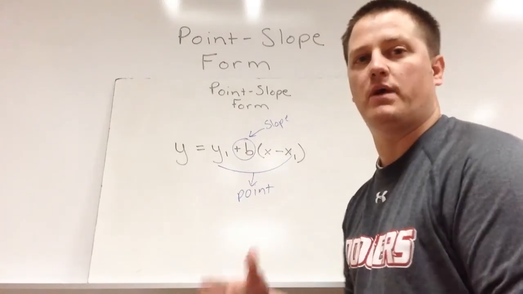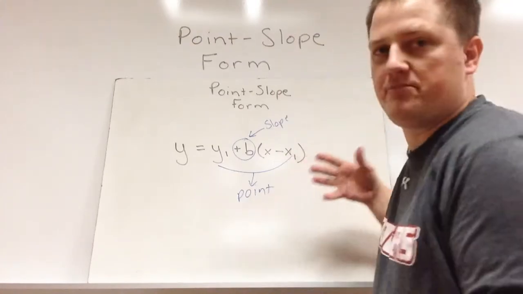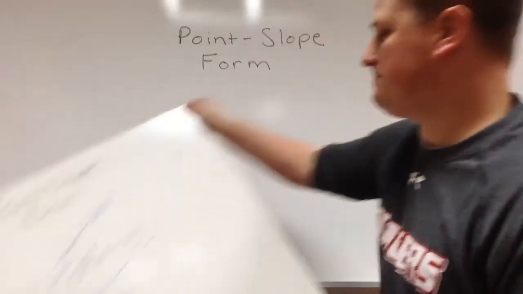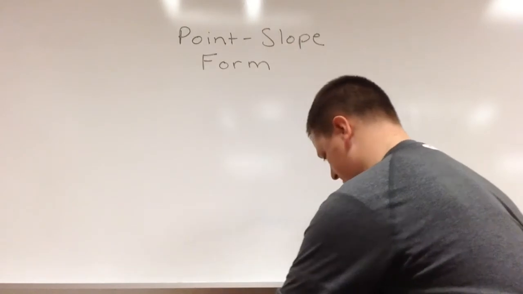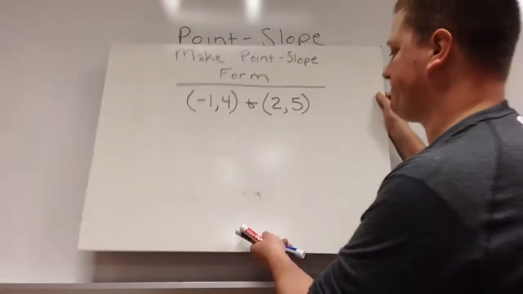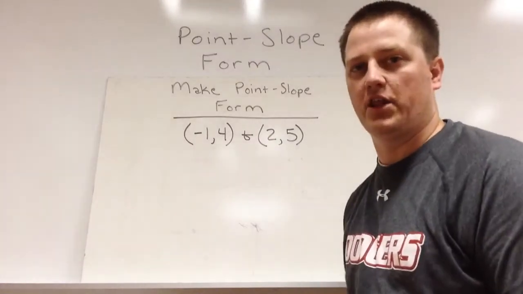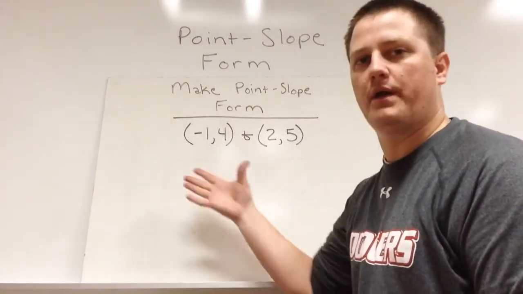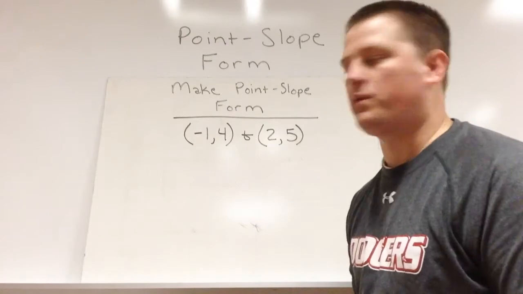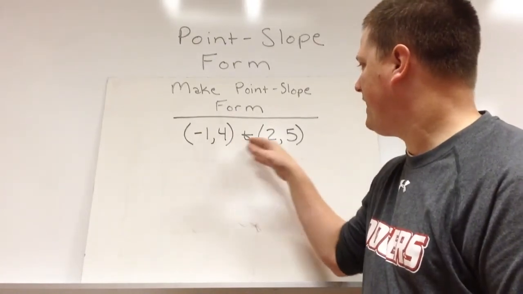I'm going to show you what that would look like, just as an example. There are many ways this can look, but here we're just going to go with 2 points that we're going to work from: negative 1, 4 and 2, 5.